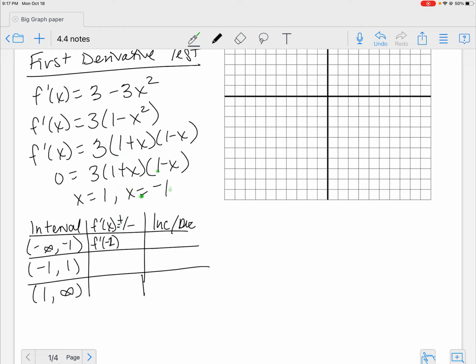And positive 1 and negative 2, remember, you add the opposite, so that's going to be positive. So a negative times a positive is a negative, and so I know that this is decreasing.